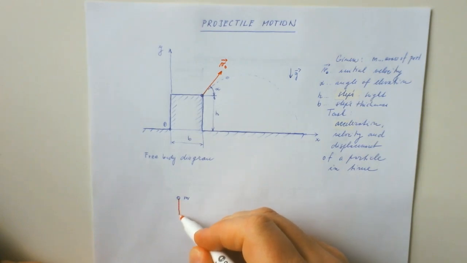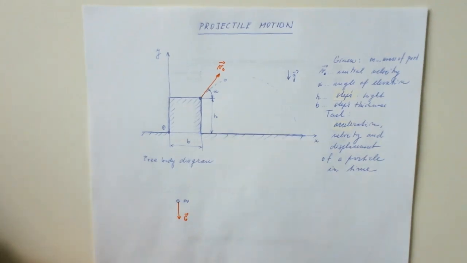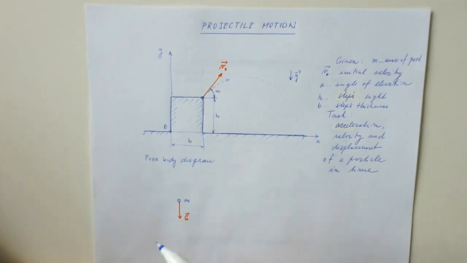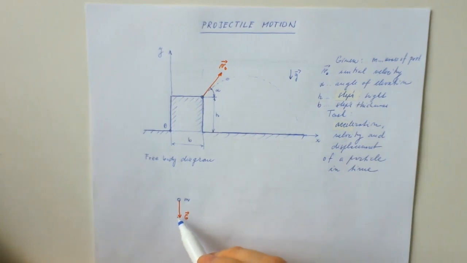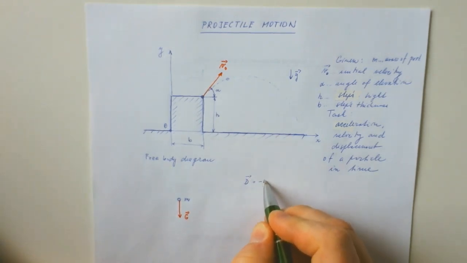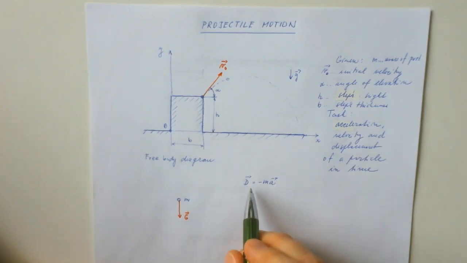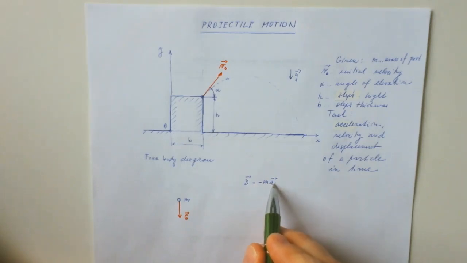Basically it is the gravity force G, and this is in fact the only external force acting on this particle. Now we can add D'Alembert's force, the inertia force. In accordance with the definition, D'Alembert's force D is minus ma, so it has this size and the orientation is against the positively oriented acceleration.